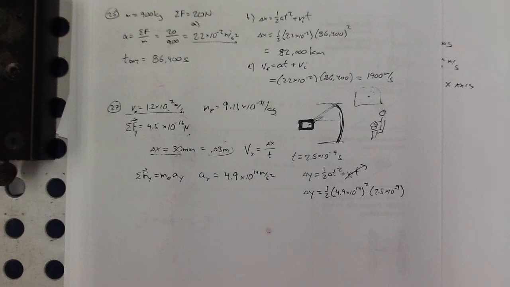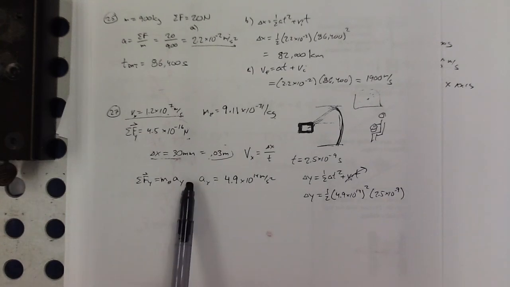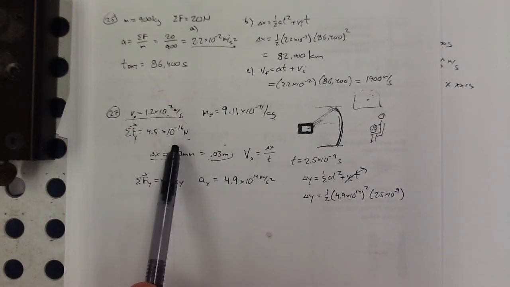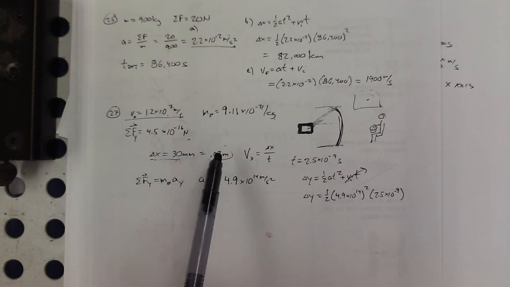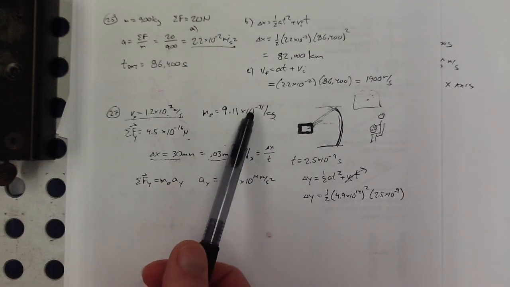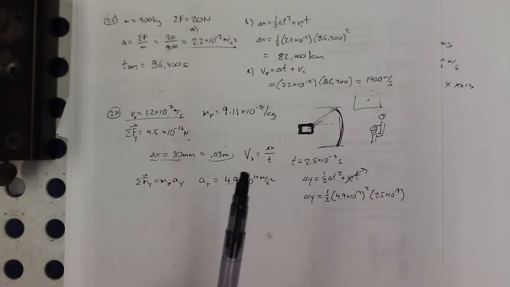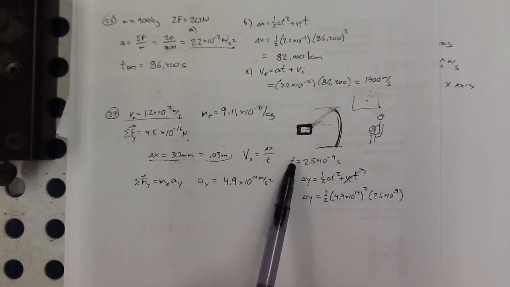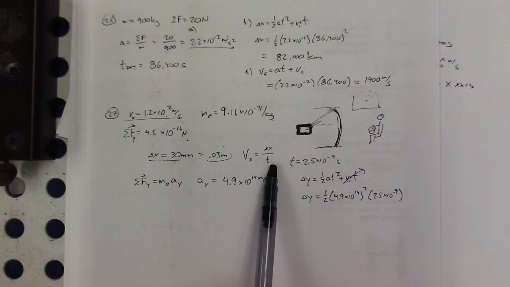What did McGrath do? Acceleration. Did I mess this up?